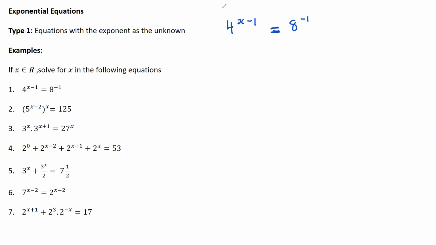And we're saying to ourselves, under relationships, I can change the 4 to a base of 2. In other words, it becomes 2 squared, to the power x minus 1. I can change the 8 to a base of 2 again, 2 to the power 3, then to the power -1.